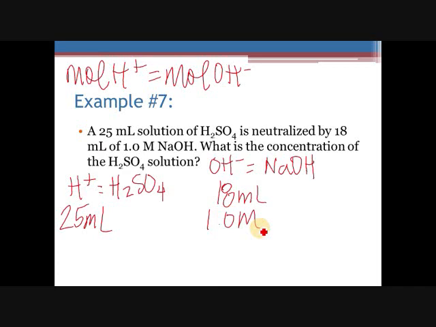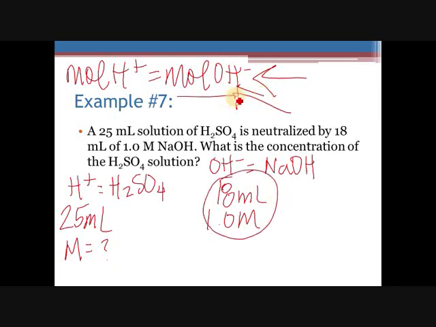We want to know the concentration of the H2SO4, which is the molarity. This is super important: if we can use this information to find moles of OH, then we can figure out the moles of H+ and then go find the molarity.